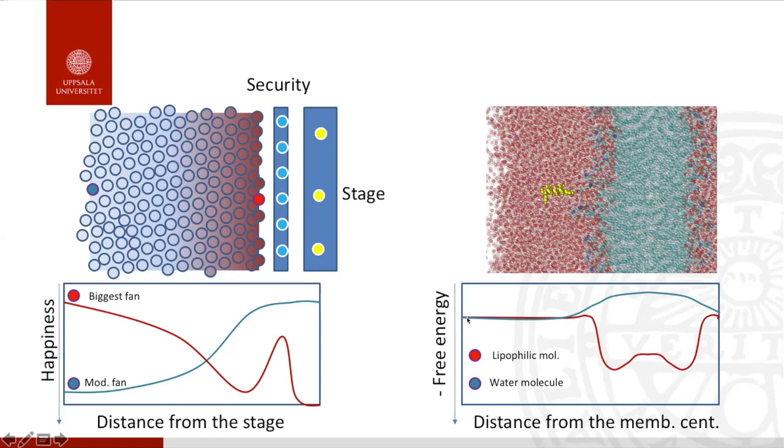And here it's equally fine elsewhere, right? But once it approaches the membrane, it becomes less happy. Or the free energy would be higher. I'm sorry if I'm confusing you with the sign here, but the lower the value of free energy, the happier the molecule is in that specific place.